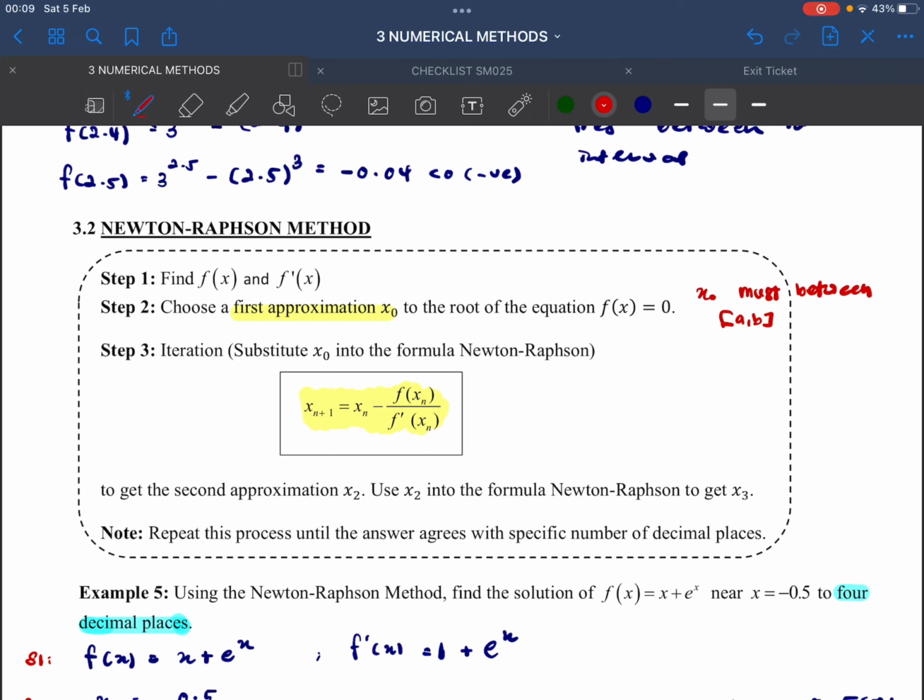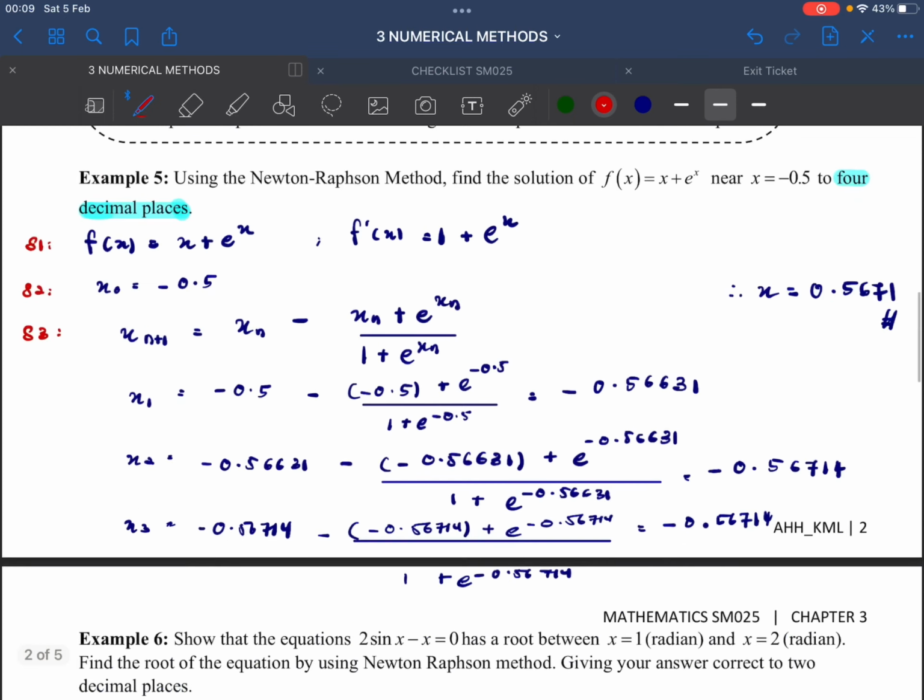For the iteration process, as I said, the working steps must have one extra decimal place, and only the first two steps of substitution must be shown.